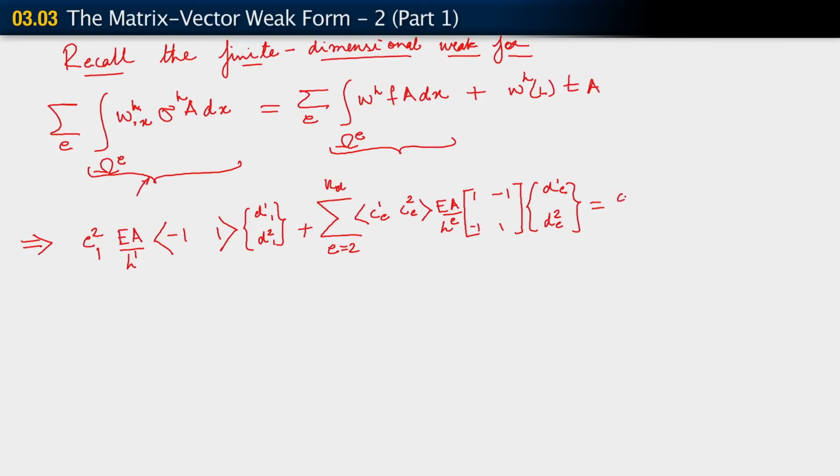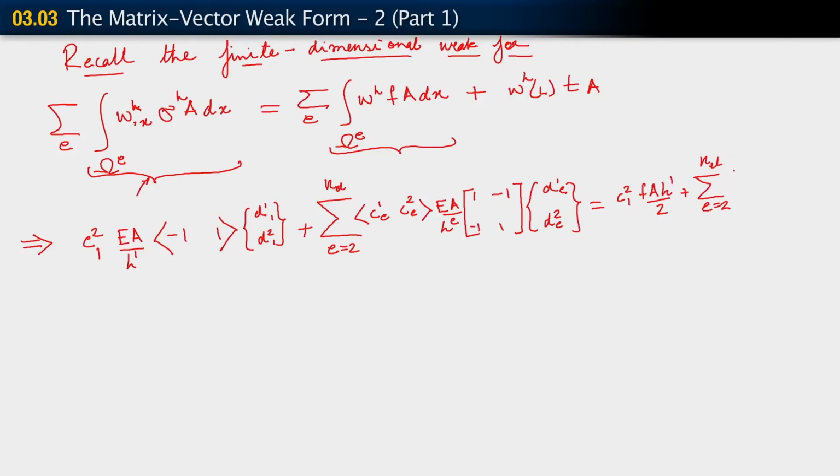That contribution is C2 for element 1 times F A H1 over 2, where the H1 reminds us that that is element 1, plus a summation E equals 2 to number of elements.